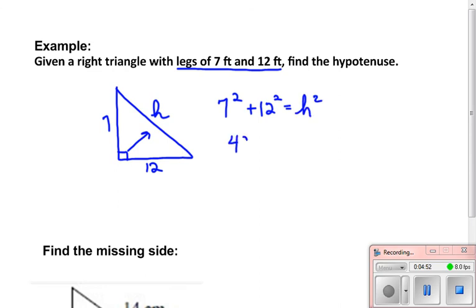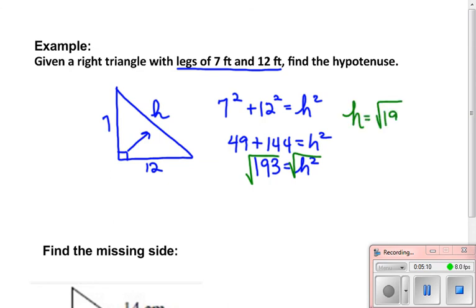Do my squaring first because of my order of operations. Go ahead and add: 49 plus 144 is 193. We undo squaring by taking the square root. And so h is the square root of 193, which is an okay answer. We'll talk about simplifying those later. Or you can go to your calculator, and that's approximately 13.9.